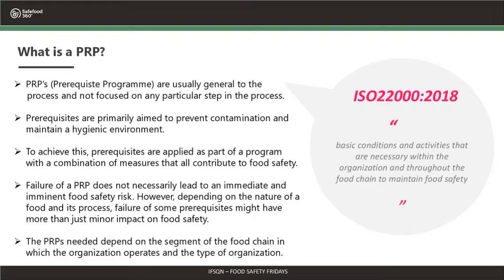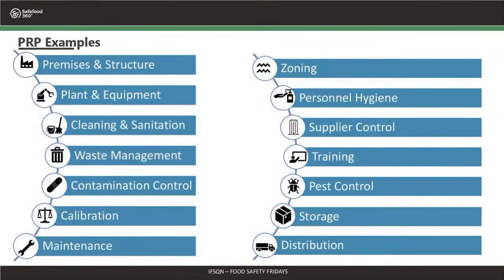So what are some examples of PRPs? Let's have a look. Here are a few examples. We've got premises and structure. We want to get that right initially. Plant and equipment, cleaning and sanitation, contamination control, calibration, maintenance, supply chain management, training of personnel, pest control. These are all PRPs.